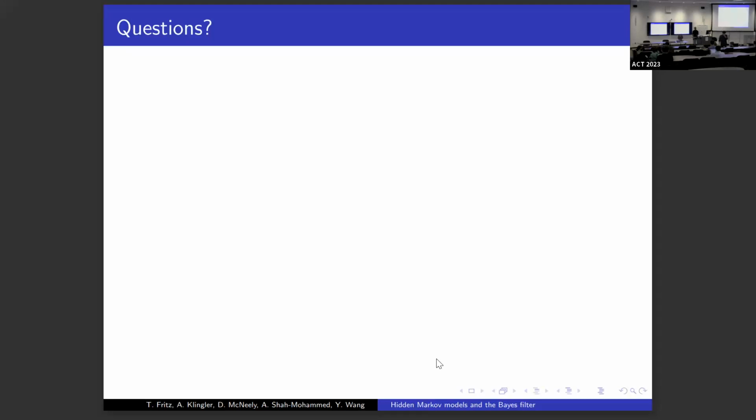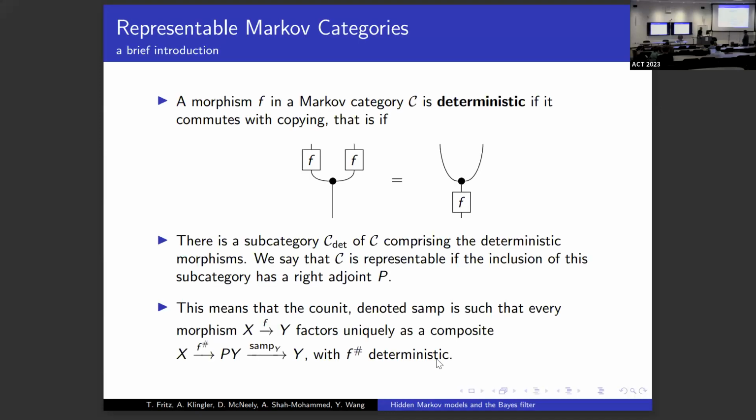Hi, thank you for the talk. What is SAMP? Right, okay, so that's on the first hidden slide. The idea is that in a representable Markov category, you have sort of internal distribution objects.